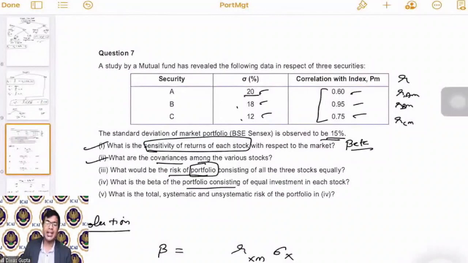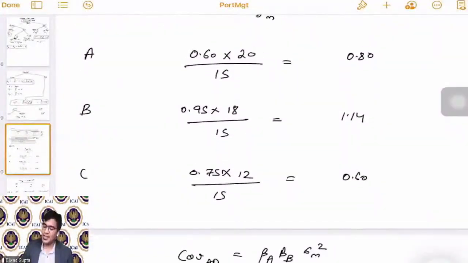So we can definitely think that A is the highest risky security. It's carrying the highest risk. But as far as the relation with the market is concerned, the highest sensitive security will come out to be B, which is 0.95. And anyways, we have betas also.